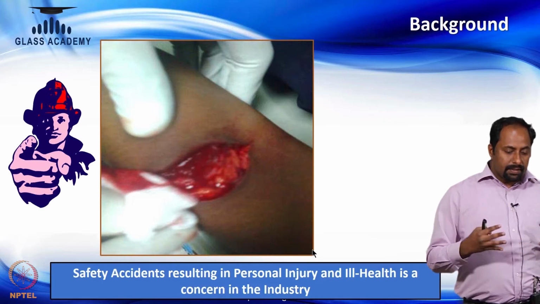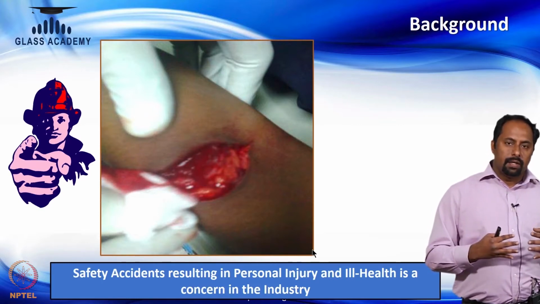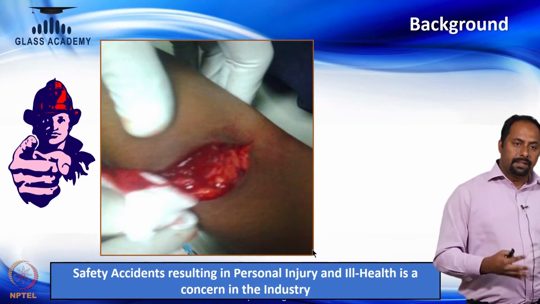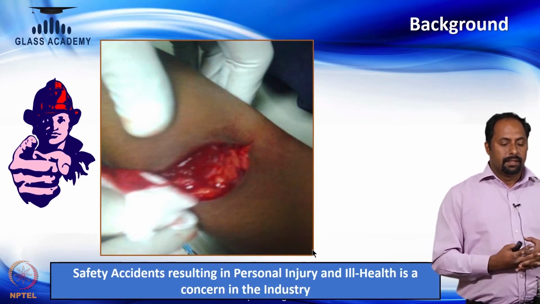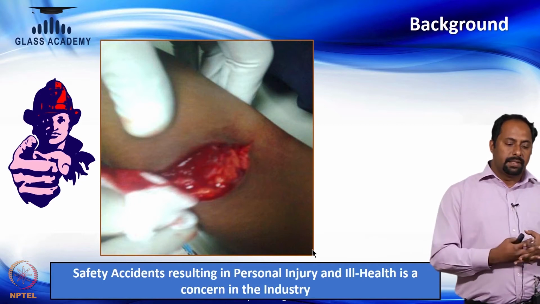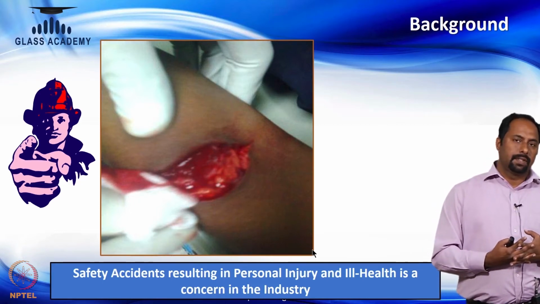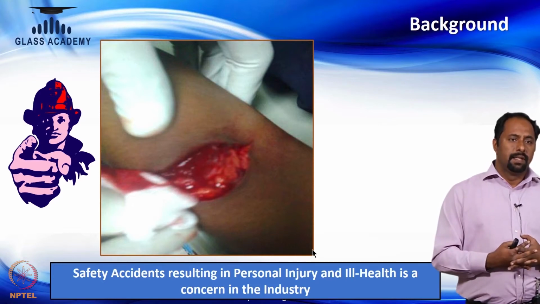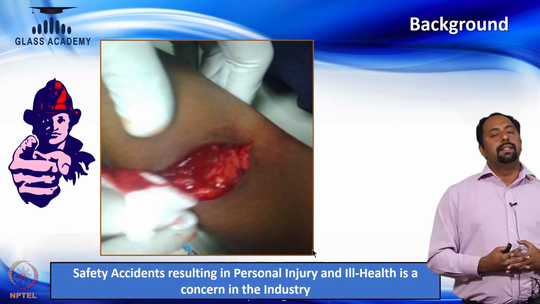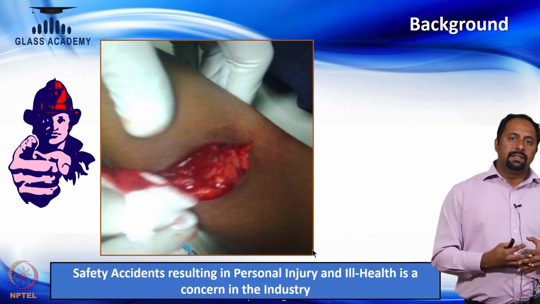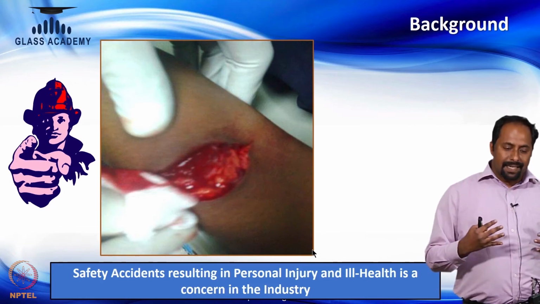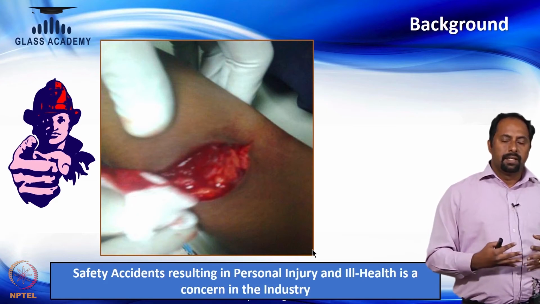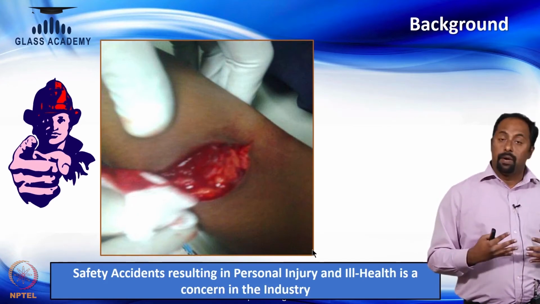So the consequence of an unsafe condition, act and an accident will most prominently result in cut injuries to human beings, which is a great concern in this field, and that is why handling glass with care and safety takes a lot of relevance.